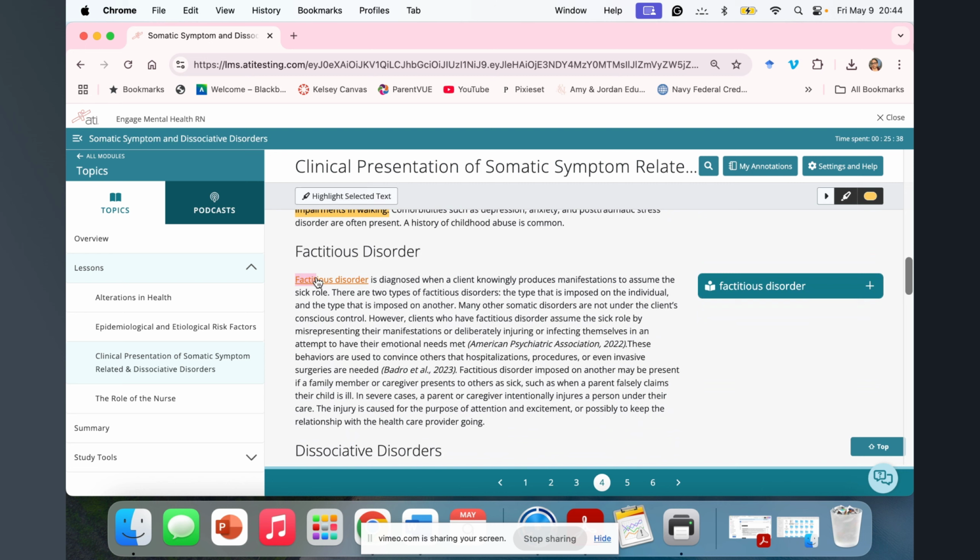Factitious disorder. This is when the client knowingly produces manifestations to assume a sick role. We have two types: factitious disorder, and factitious disorder imposed on another. This is what used to be Munchausen's.